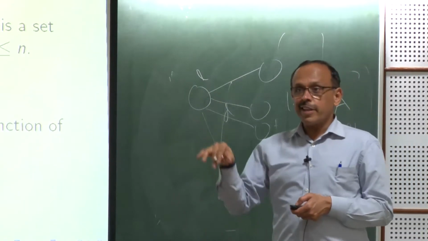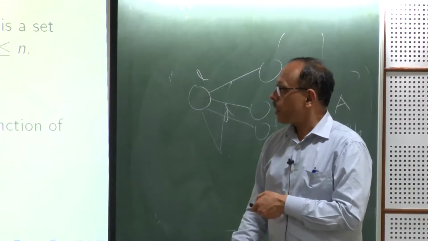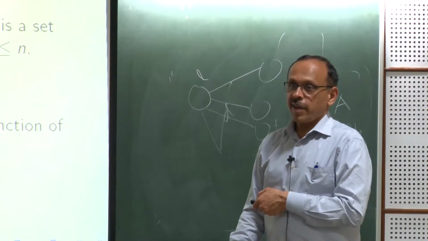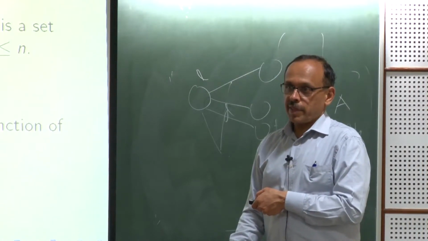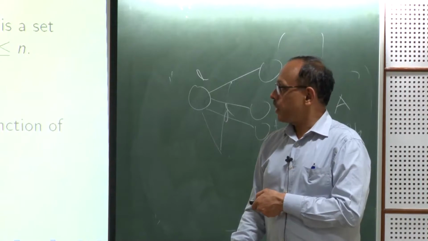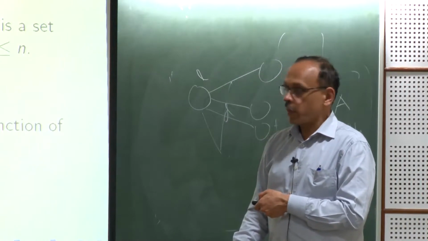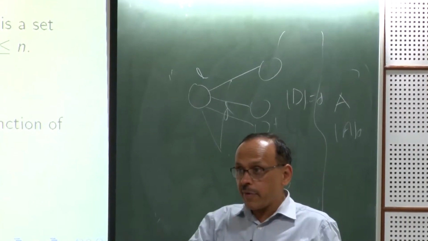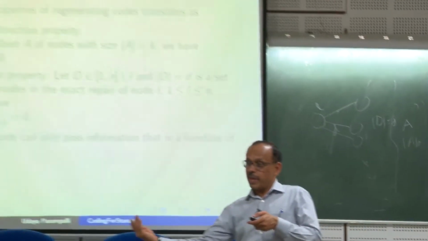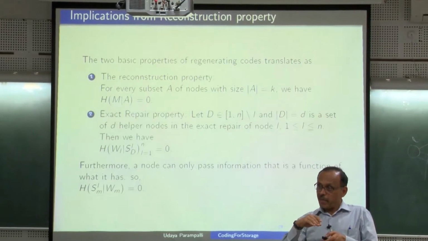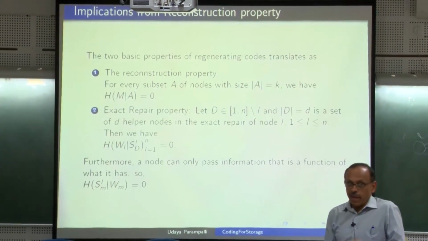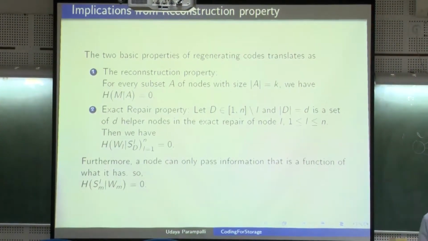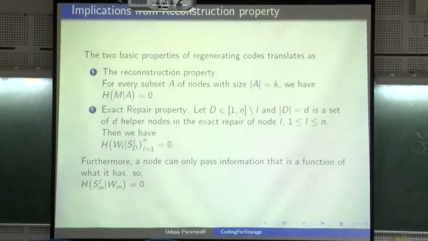After reconstruction, it couldn't have more information than these random variables provide. So the entropy of W_l given all the other random variables used to repair it has to be 0. I am just applying the requirement of a regenerative code.